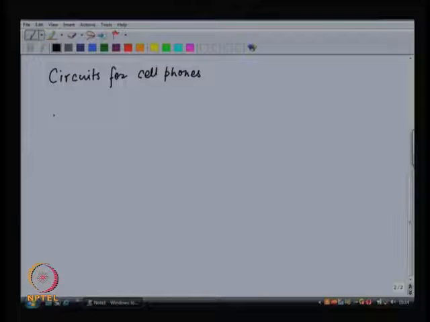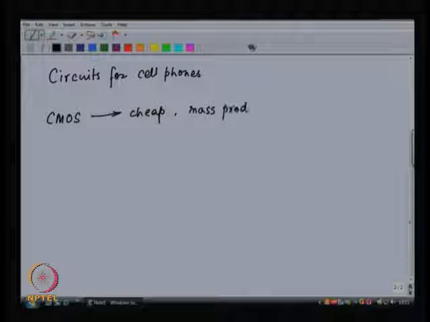The word CMOS implies that it has got to be cheap, and it's got to be mass produced, suitable for mass production, right.